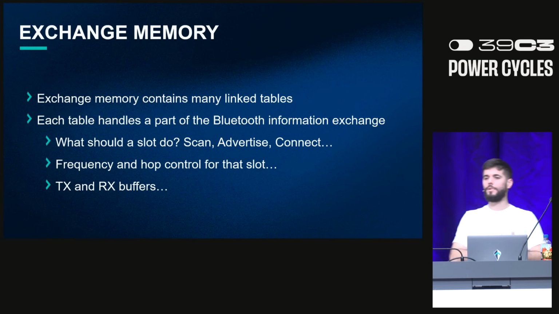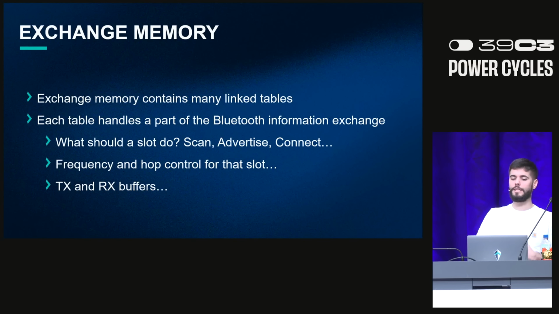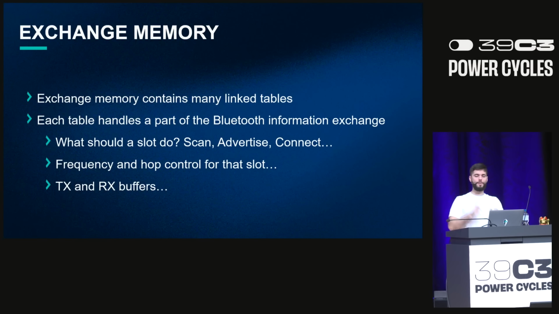So, for example, there is a table that configures what each Bluetooth slot can or should do, like should the peripheral scan, should it advertise to other devices, should it connect or expect connections to be incoming. And there are also tables for frequency management and hop control of these communications.